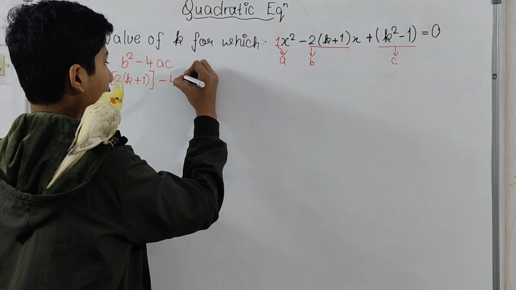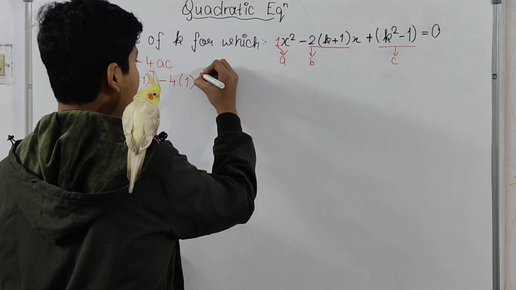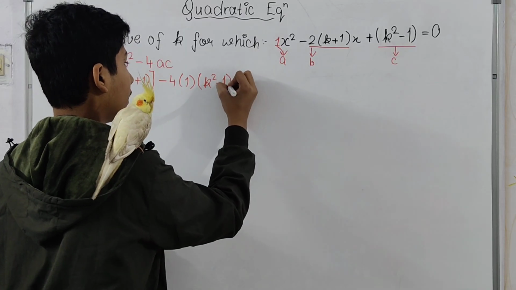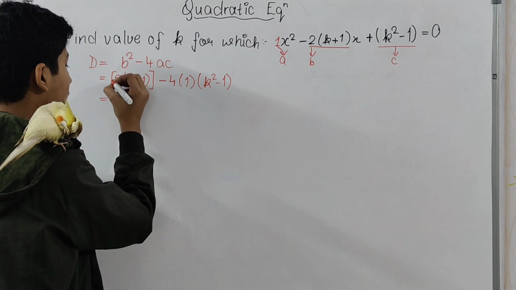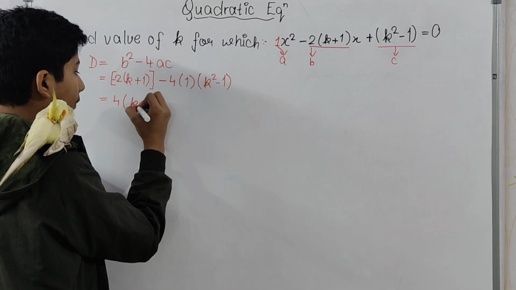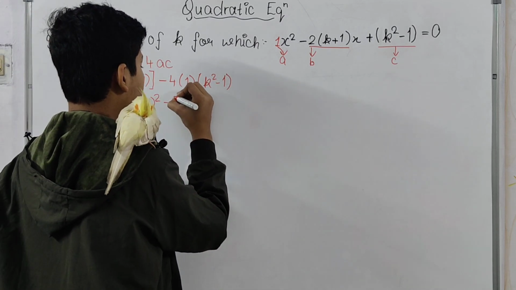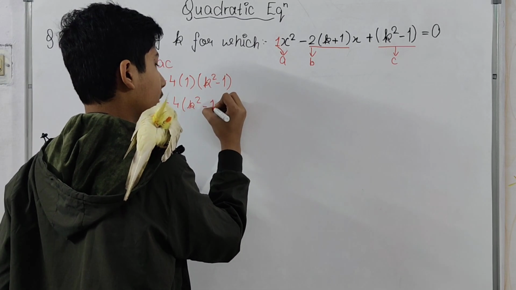Minus 4 into 1 because a is 1 and c will be k square minus 1. When we solve this, it becomes 4 into (k plus 1) whole square minus 4 into (k square minus 1).